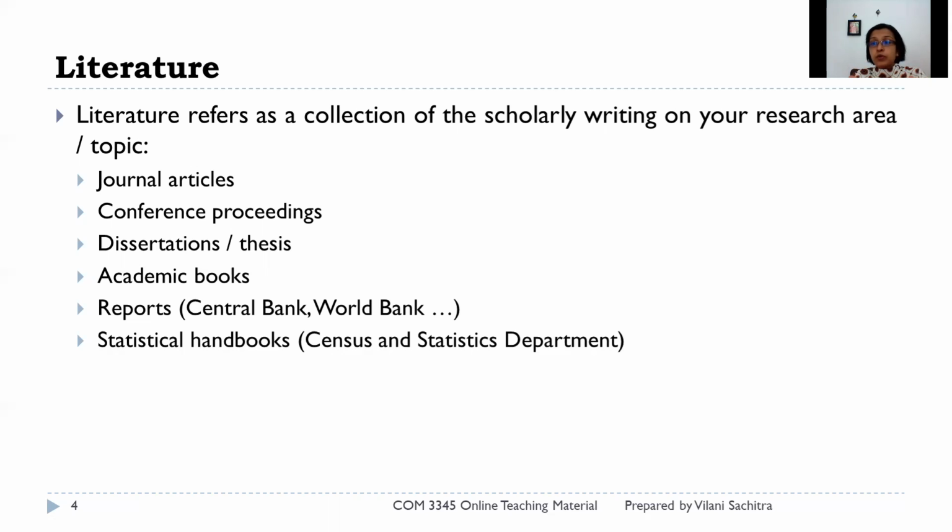So you can refer to those things. But the only thing is, the literature should be the collection of scholarly articles or conference proceedings related to your research area. So those we identify as literature.